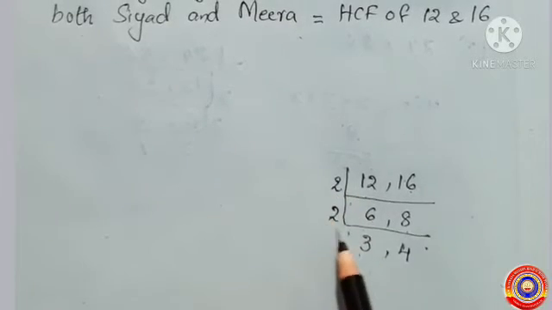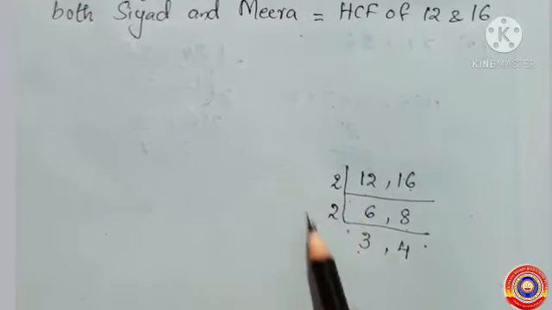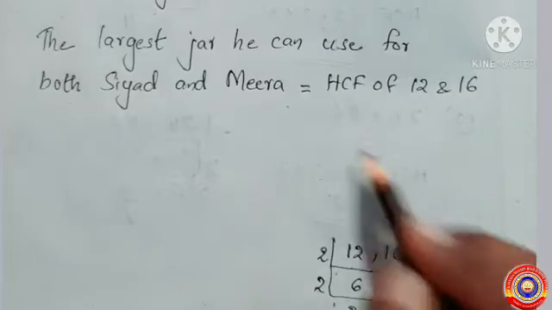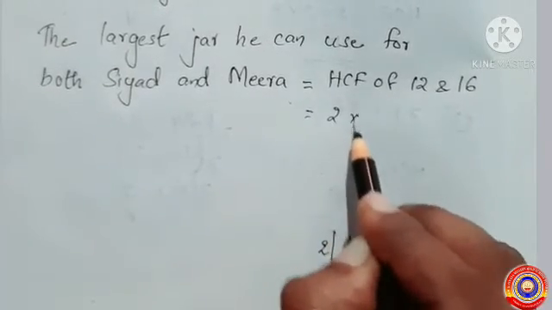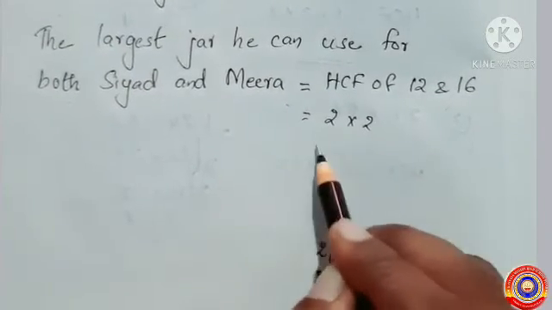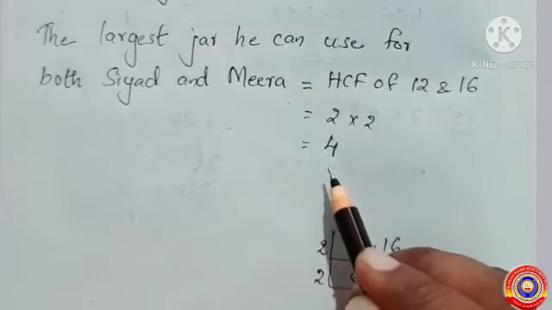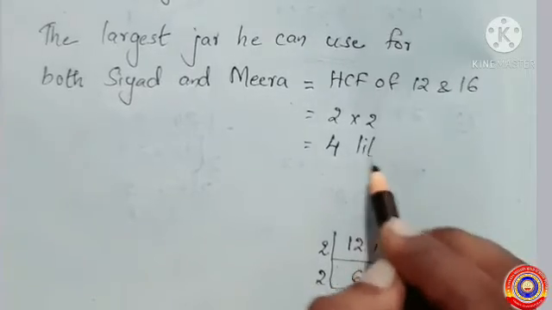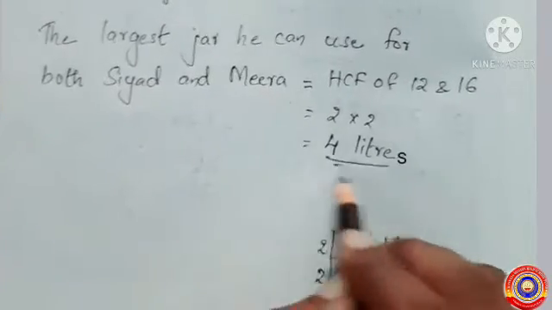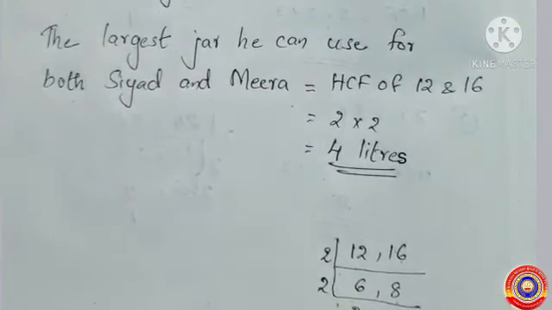No. Then this forms the HCF of 12 and 16. That is 2 into 2 is equal to 4. The largest jar he can use for both Siad and Meera is equal to 4 liters.